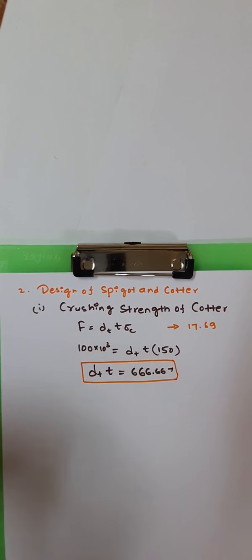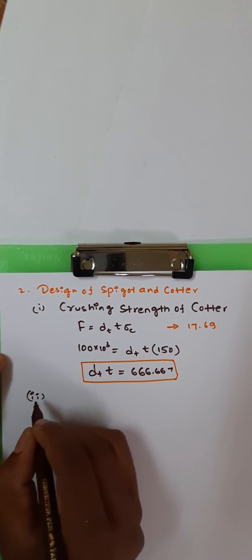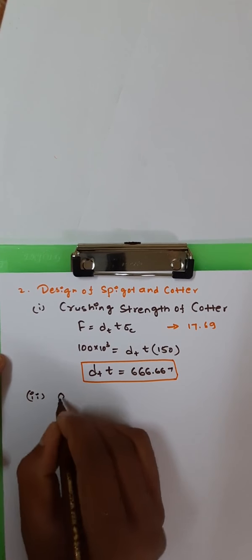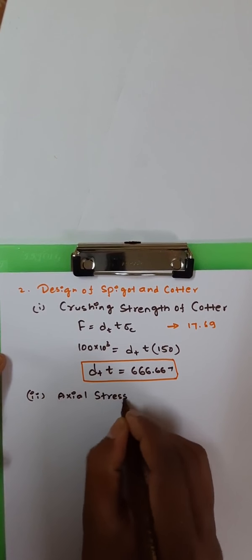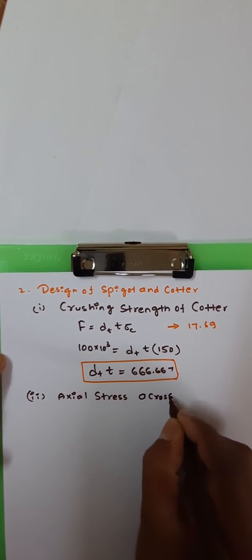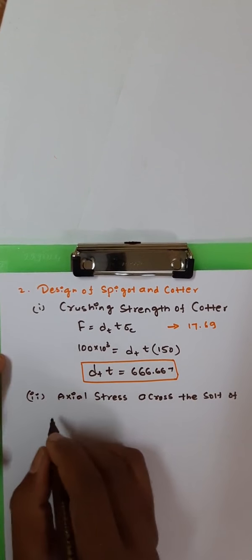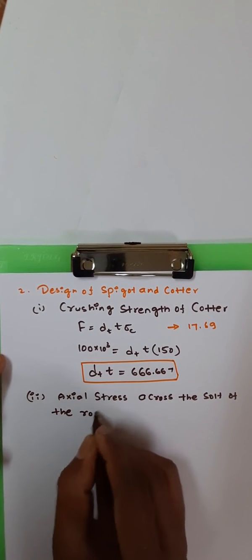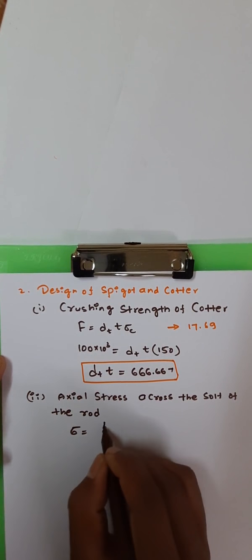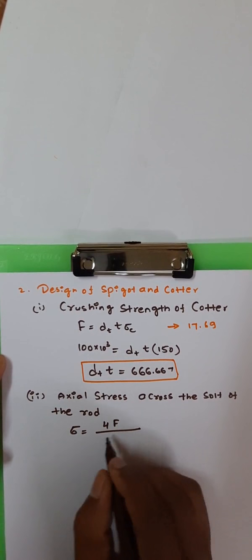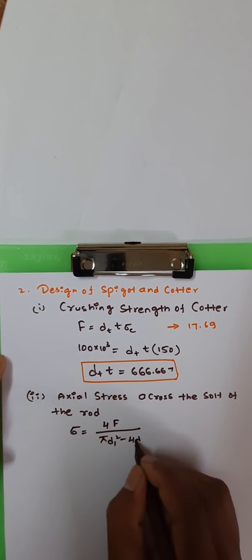Next, the second parameter with respect to the design of spigot and cotter. We need to find the axial stress across the slot of the rod, that is sigma is equal to 4F divided by pi d1 square minus 4 d1 t.